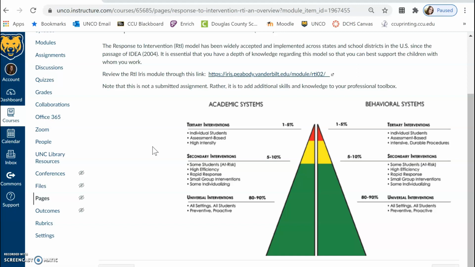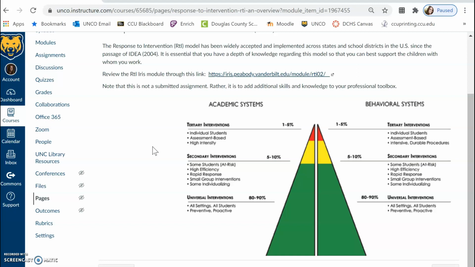And then if we're not getting there, we might be looking at a tertiary intervention. So that would be that smallest tiny percentage, 1 to 5% at the top of that triangle in this visual. This is the statistical value that you can see for this particular resource. But the main idea, regardless of your school setting, the numbers may not break down exactly this way, but majority of students are receiving just universal interventions.